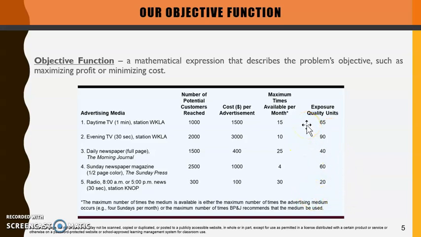For each time of advertisement in daytime TV, 65 is the exposure quality unit.